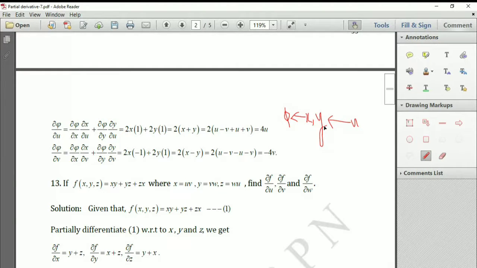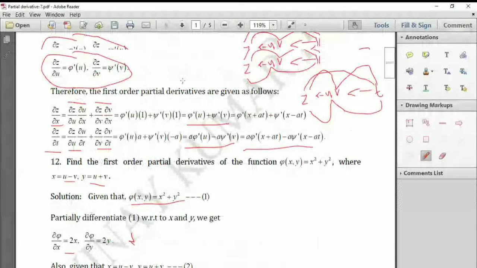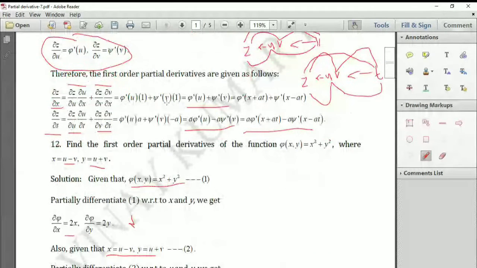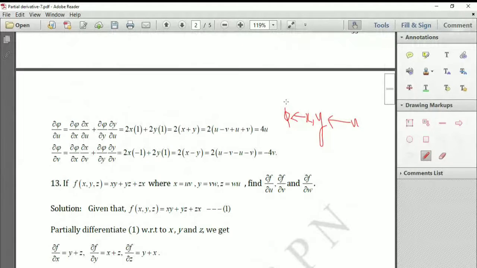Whenever x and y change, your phi also changes, because your phi is x square plus y square. So let us find what is your dou phi by dou u. Your dou phi by dou u is equal to dou phi by dou x into dou x by dou u plus dou phi by dou y into dou y by dou u. That is your required answer, right?